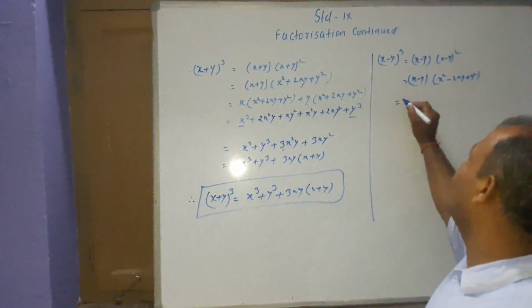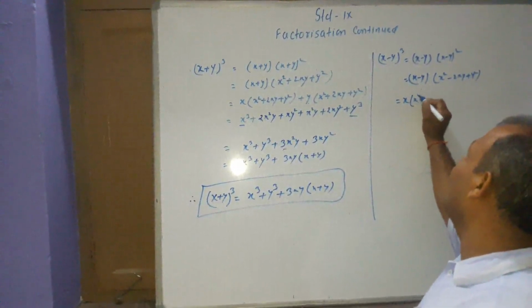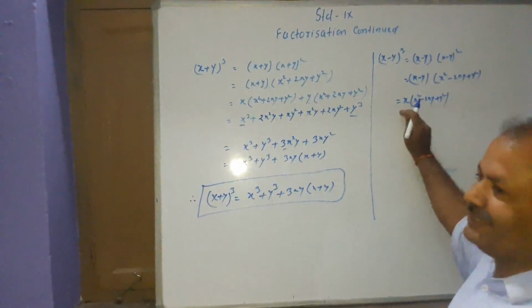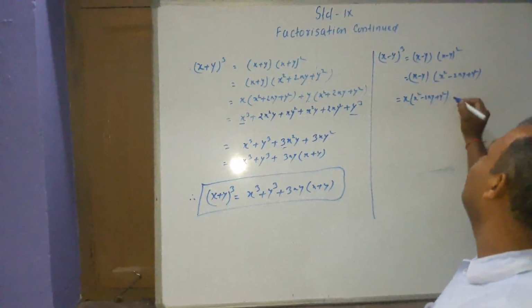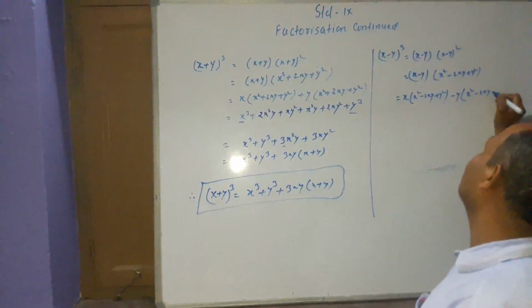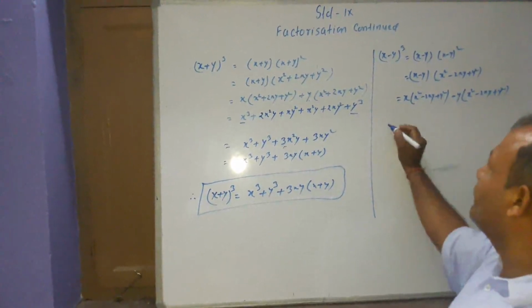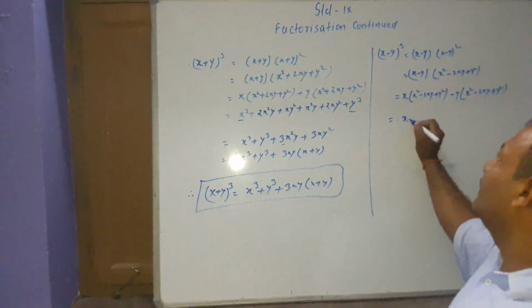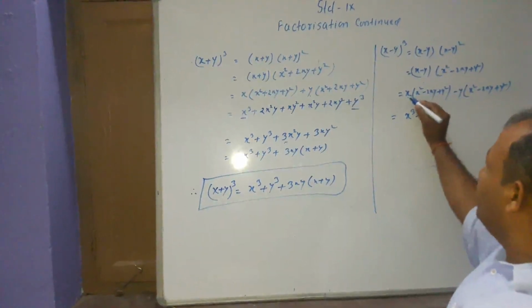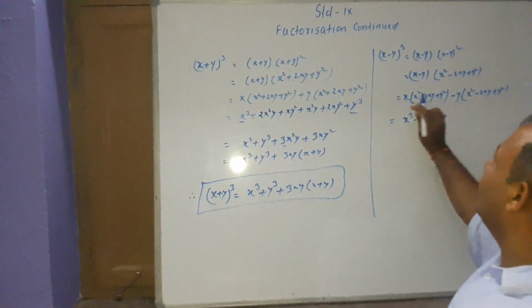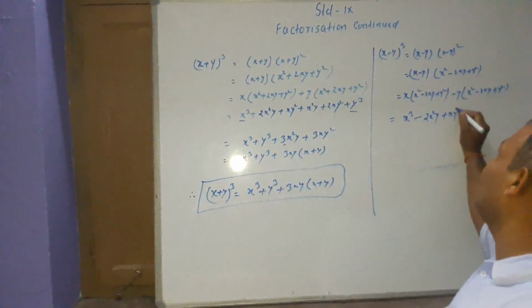Now we have to multiply x square minus 2xy plus y square by x. And then by minus y we multiply x square minus 2xy plus y square. On multiplying we get x into x square, x cube, x into minus 2xy, minus 2x square y, x into y square, xy square.